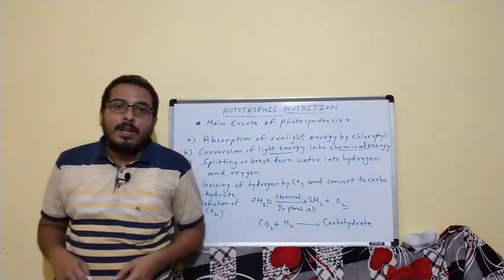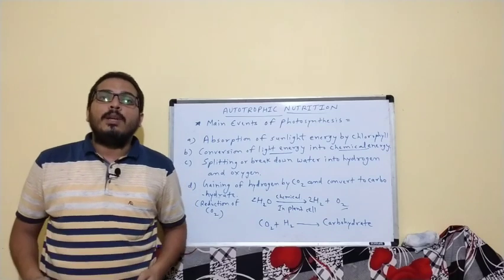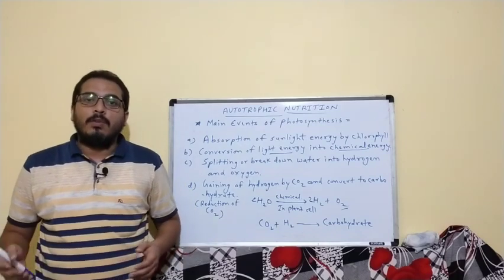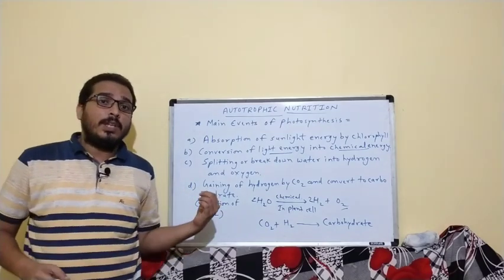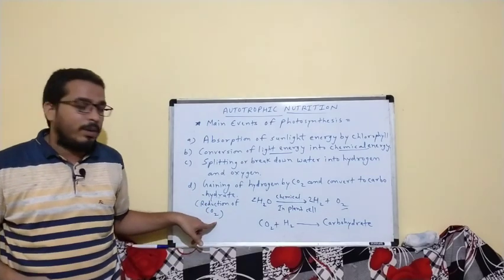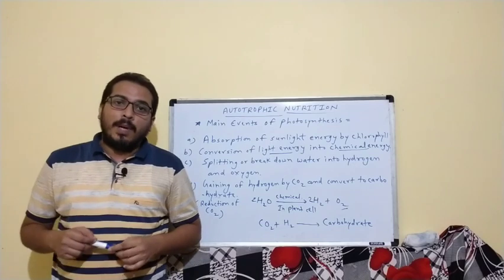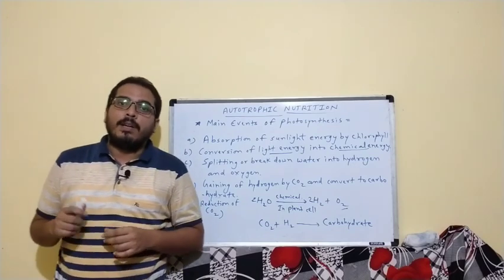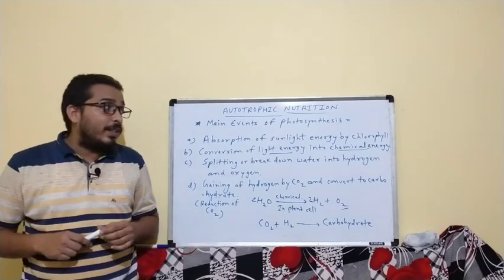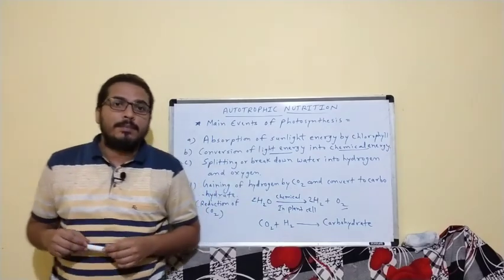Reduction means if any substance or molecule gains hydrogen, that is called reduction. So in this process reduction is going on, and finally carbohydrate will be formed. You can take the screenshot of this given content.